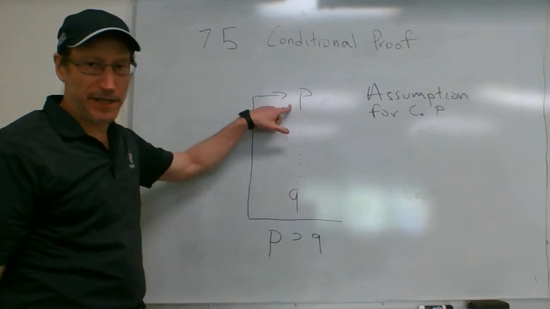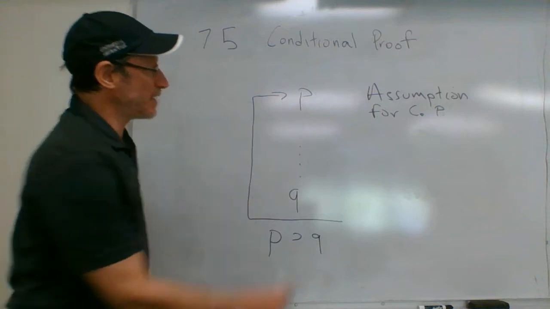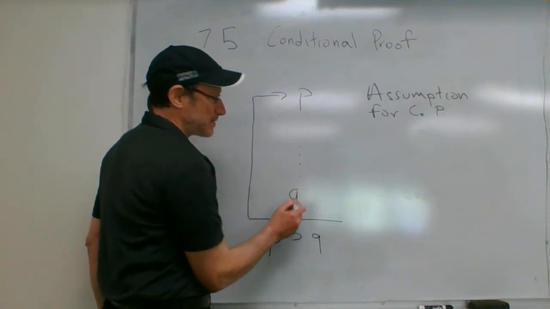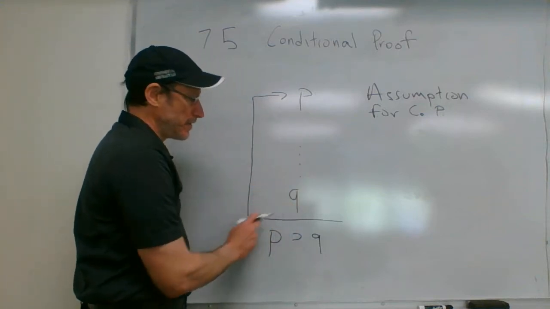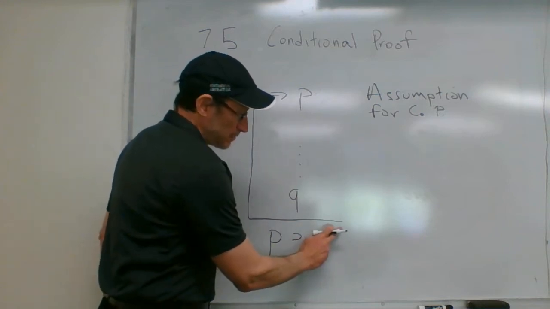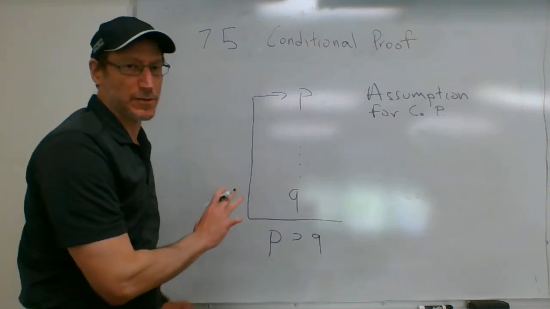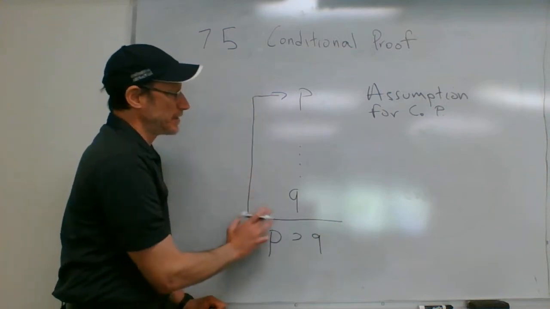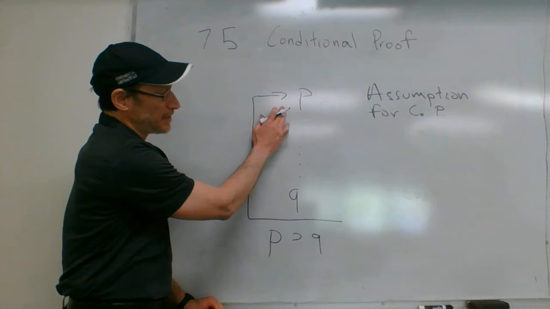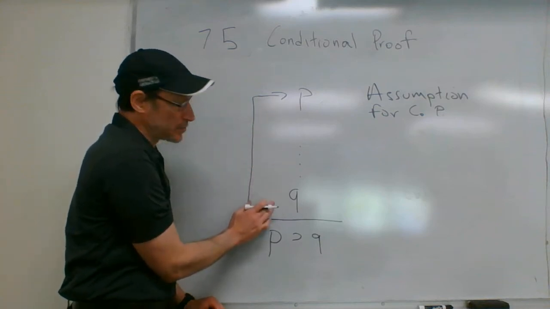If I assume P, and P can be anything I want, and I'm able to show that P somehow leads to Q, then what I can do is cut off this assumption. That's what this line represents. I'm assuming something, and then I'm showing that if that thing is true, it follows that Q is true.